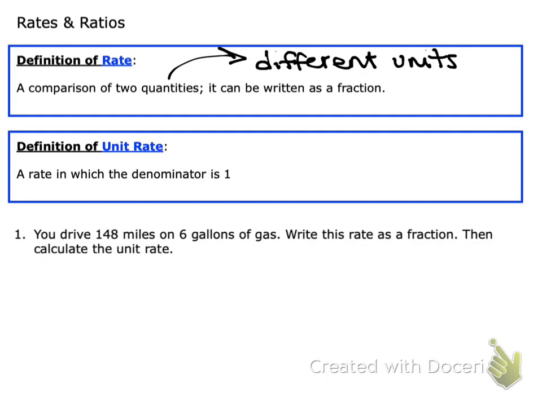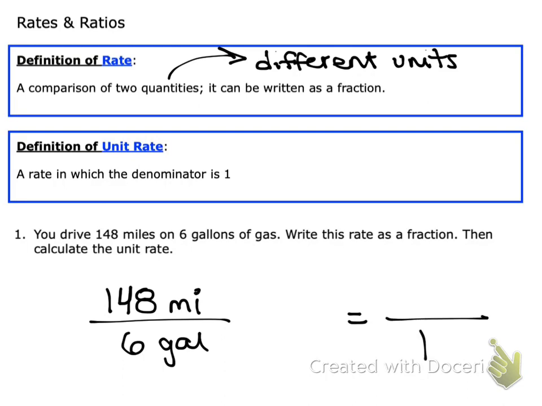All right, so you can drive 148 miles on 6 gallons of gas. If we're going to write that rate as a fraction, we have 148 miles over 6 gallons. It's that simple. Notice I do label the units, though, because they are different units. If we are asked to calculate a unit rate, I want this denominator of gallon to be 1. What would I have to divide by to get my denominator to 1?